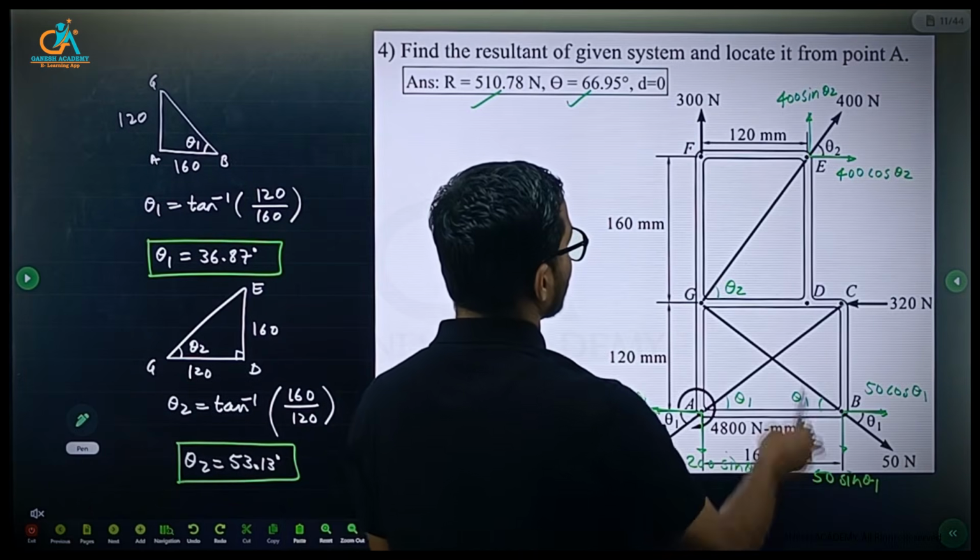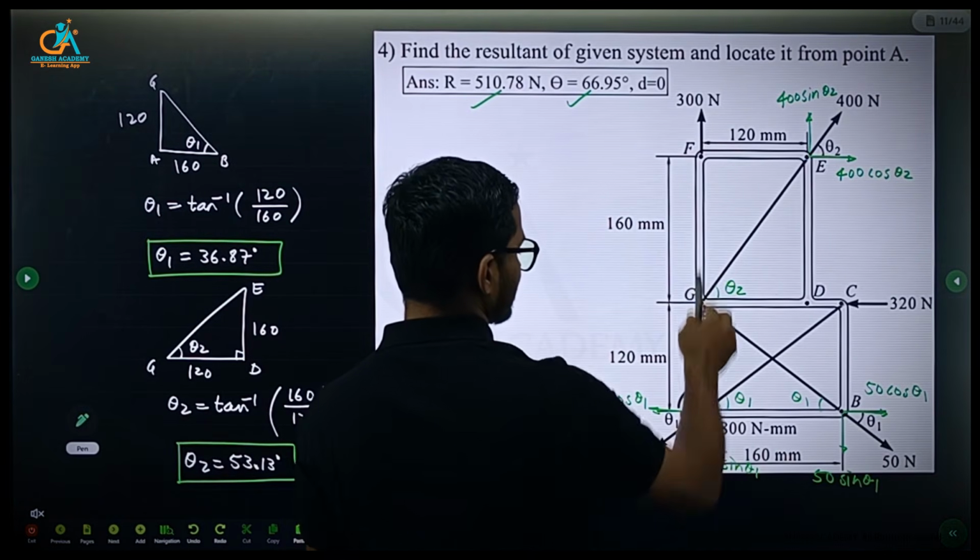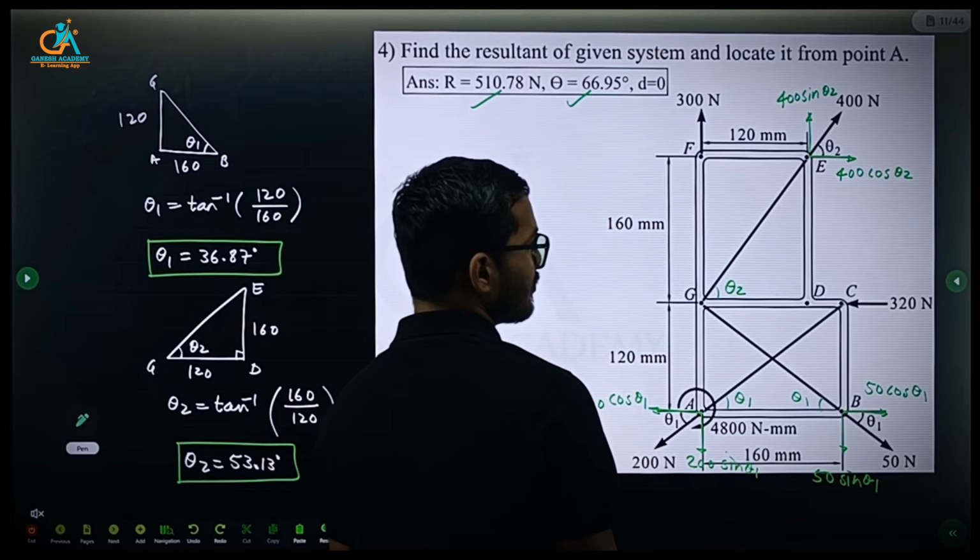In the same way, this 300 Newton is intersecting point A, so it will not produce any moment.